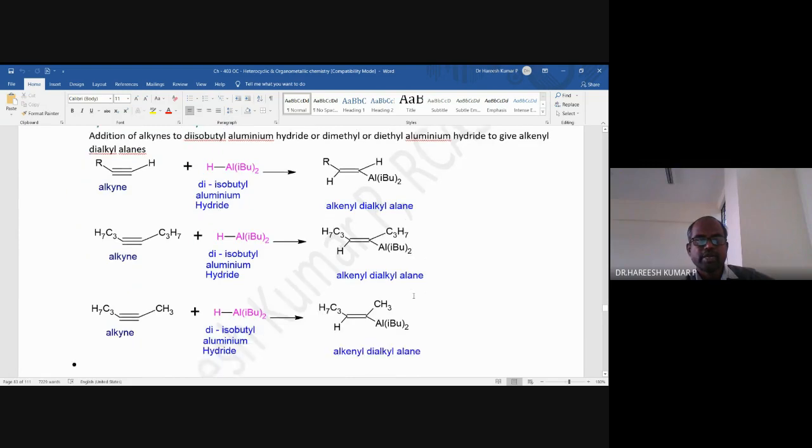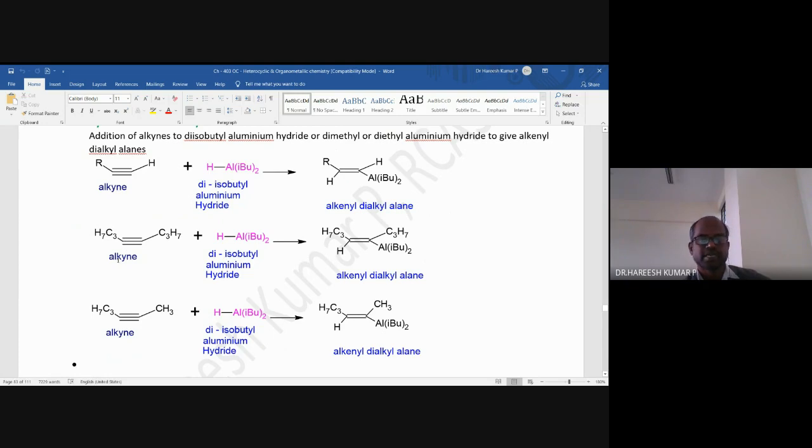So let's take a particular one. This is a propyl group, CH2CH2CH3, and this is also a propyl group. That means it's a symmetrical alkyne. Since it is symmetrical, hydrogen can add to this carbon as well as this carbon.